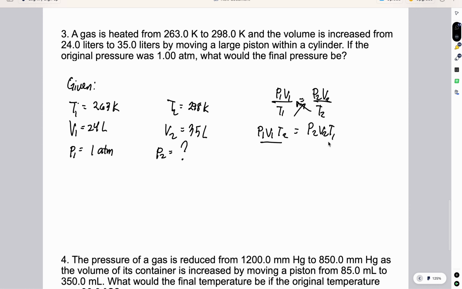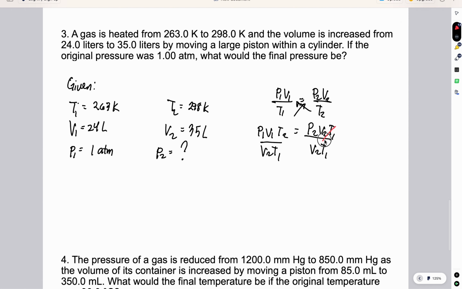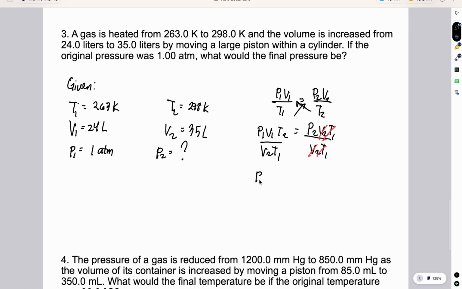And we divide both sides by V2 T1. So we can cancel this. Cancel, cancel, cancel, cancel. Therefore, to get P2, the final equation is P2 equals P1 V1 T2 over V2 T1.